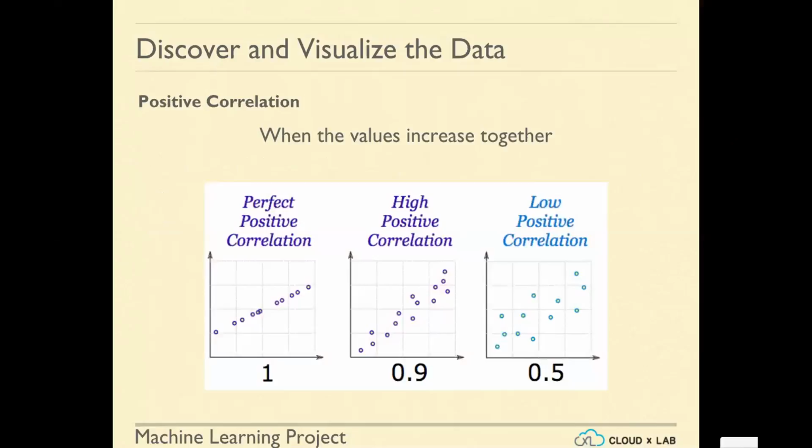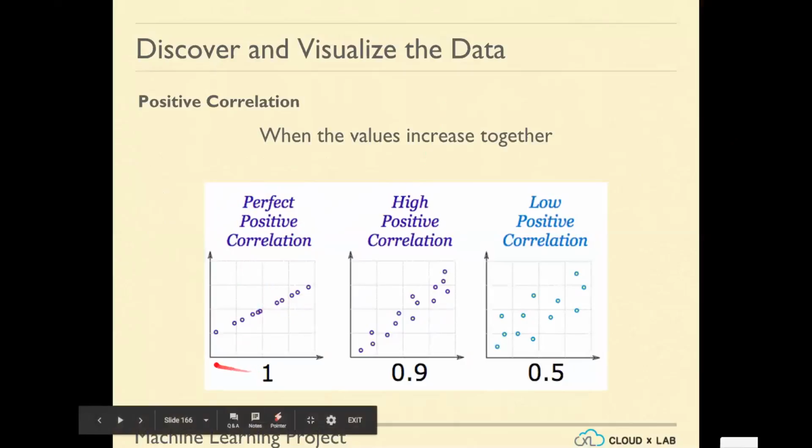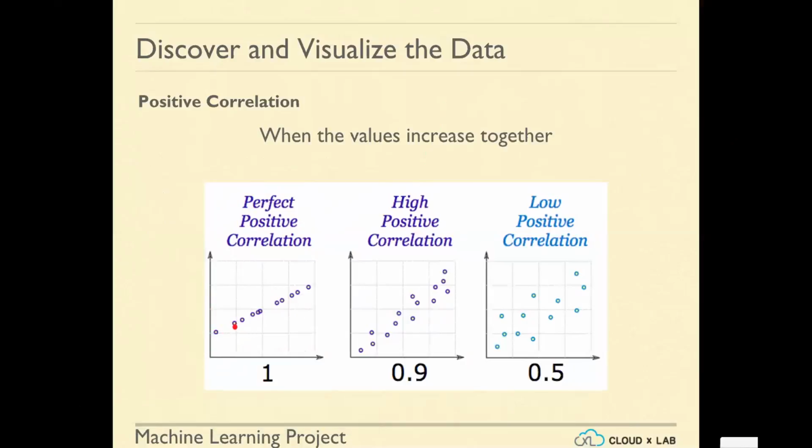You can see that this one is a perfect positive correlation, as in when x increases, y is increasing. When x is increasing here, y has also increased. Similarly, x is increased and y has also increased. This is a perfect positive correlation.